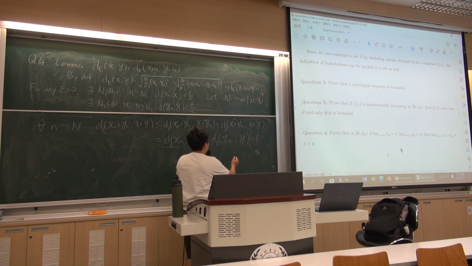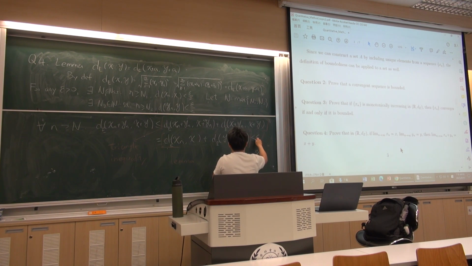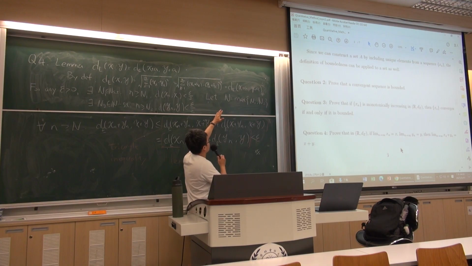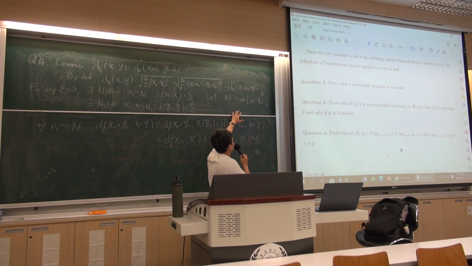Then we denote the big N, which is the larger number between big N1 and big N2.